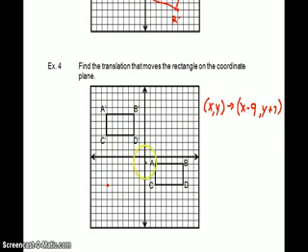And you could check those if you wanted to. 1, 2, 3, 4, 5, 6, 7, 8, 9. 1, 2, 3, 4, 5, 6, 7. So our answer is x minus 9 and y plus 7. And that is translations.